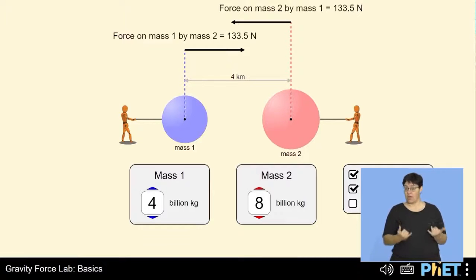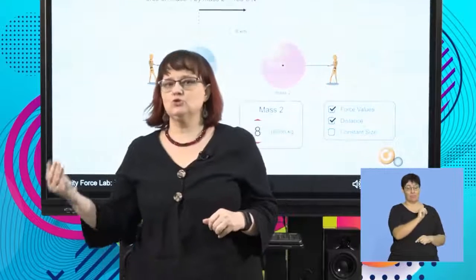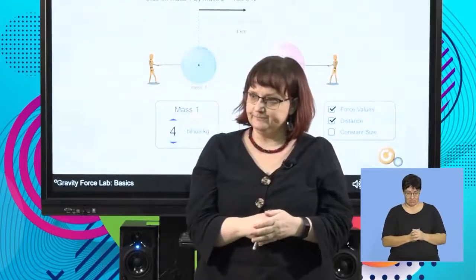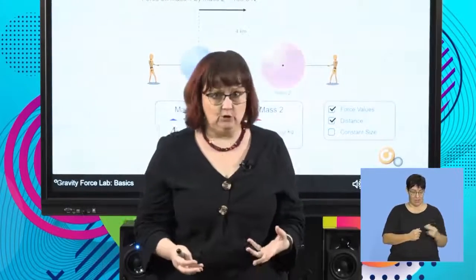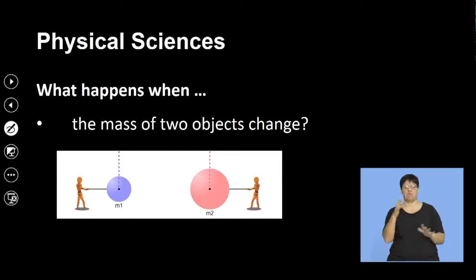Now my total force compared to when I started is 4 times bigger because force is directly proportional to mass 1 times mass 2. Both have to go together. So far, nothing new.